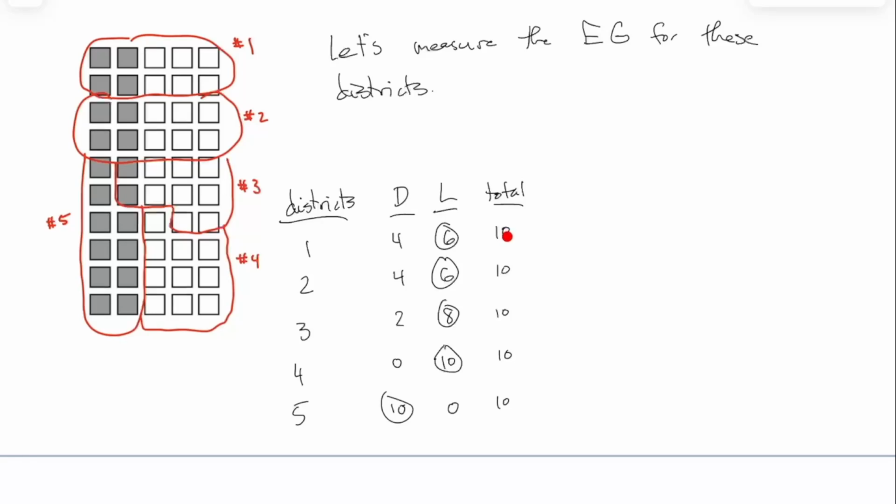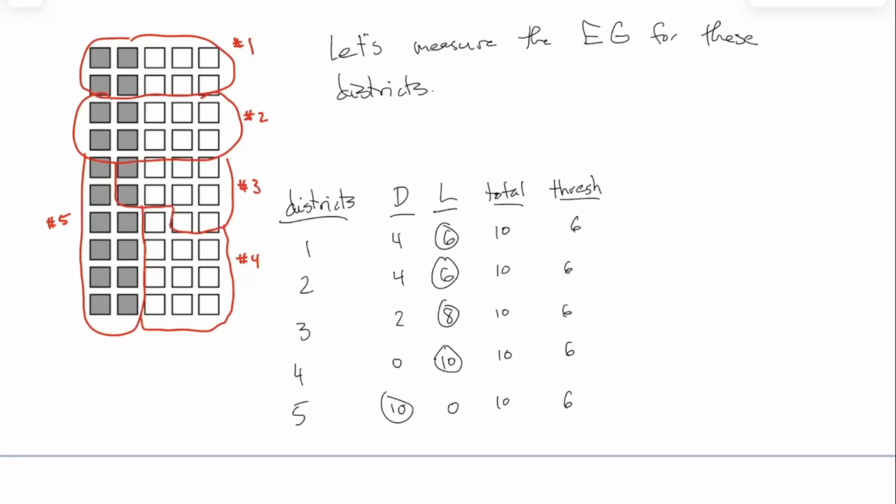But anyway, these are the totals in this district, and I'm also going to write down the threshold to win in each of these. Since the total is 10, that means you need 6 to win in each of those districts. So I'm going to say 6 every time. In a more complicated example, these might be slightly different numbers in each district, although in this one, they're all the same.